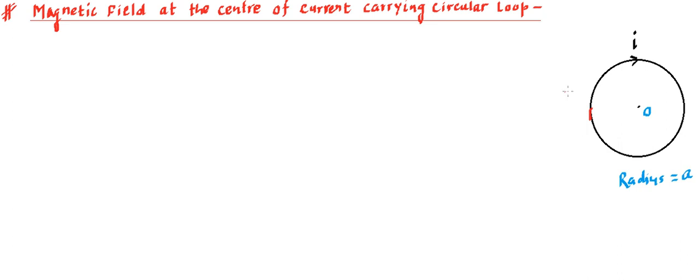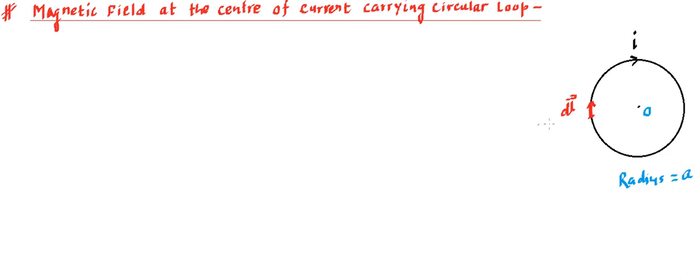You can take that differential element anywhere. Since it's going to be very small, it will be linear, and it has a direction in the direction of current, and that differential element is known as dl. So we have taken a dl differential element over here.